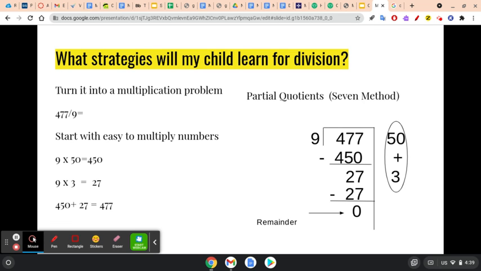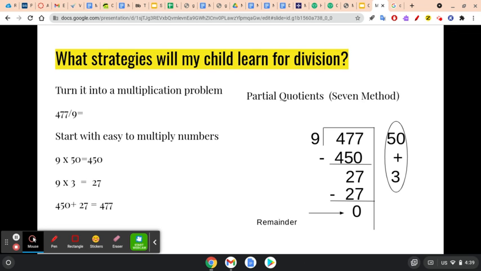If you look at the right side, this is called the sevens method because it looks like a 7, and you could also relate it to the game Hangman, where you're trying to figure out a word or a sentence that somebody's spelling. So it looks very similar. What you're doing is trying to get landmark numbers that are easy to multiply to get close to 477.